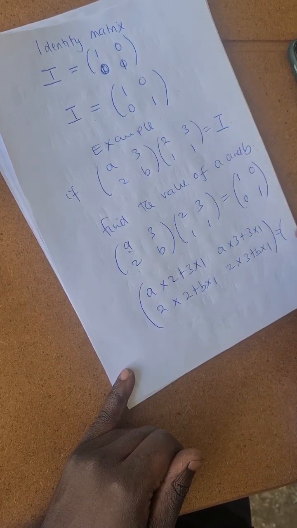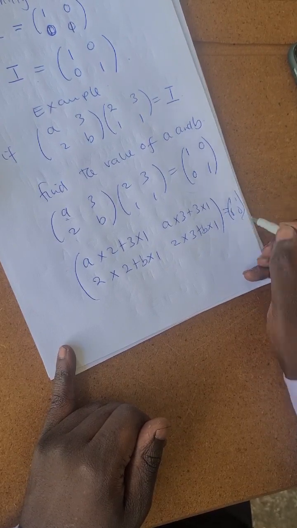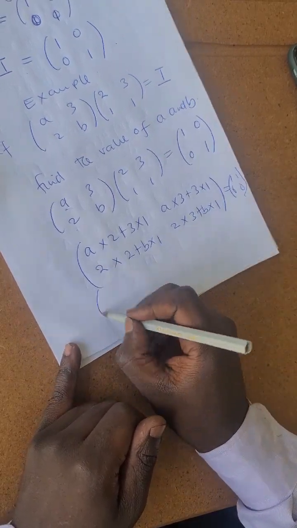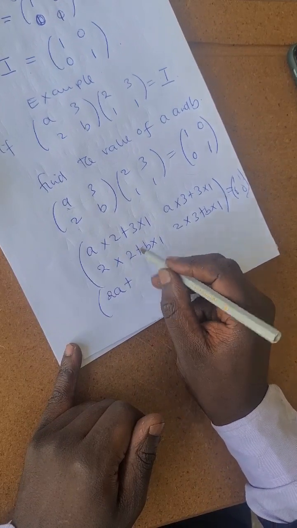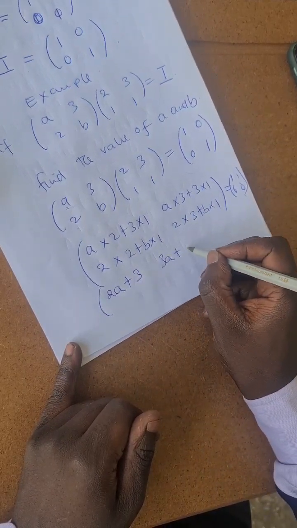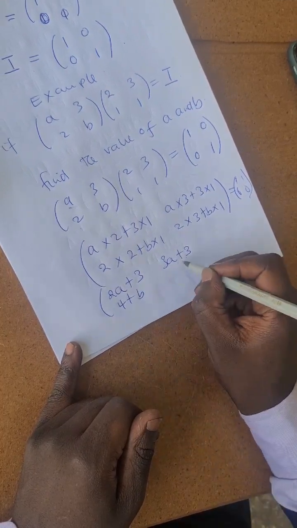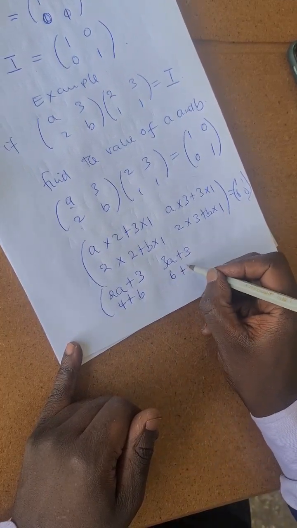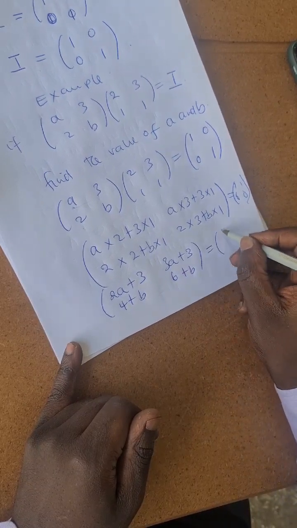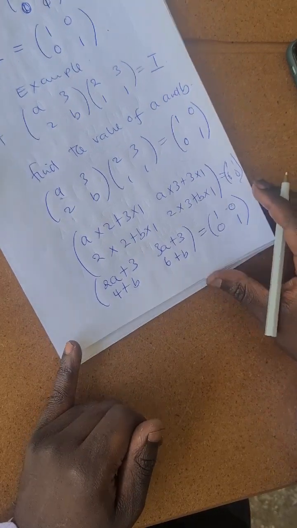This equals the identity matrix. If we multiply there, it's going to be 2A plus 3, 3A plus 3, 4 plus B, and 6 plus B is equals to 1 0 0 1, our identity matrix.